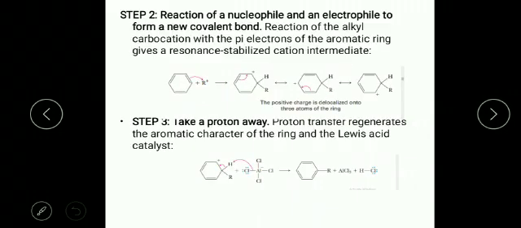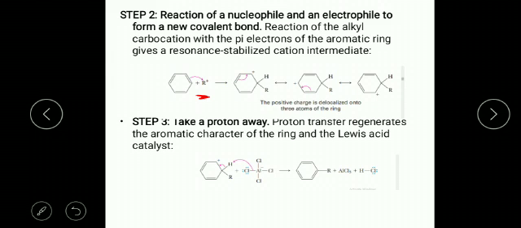In step 2, this electrophile forms a covalent bond with the nucleophile, or you can say with benzene. By the breaking of bonds in the benzene, it will form positive and negative charges. On the negative charge, this alkyl group attaches covalently with the benzene, and it forms a resonance stabilized structure.